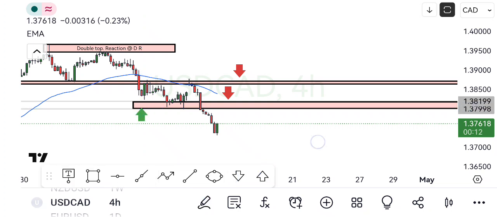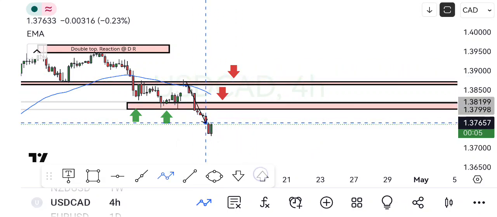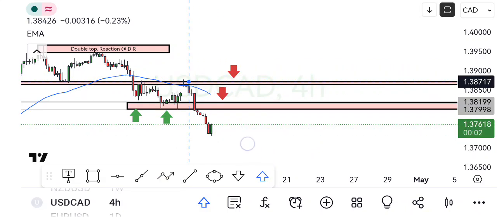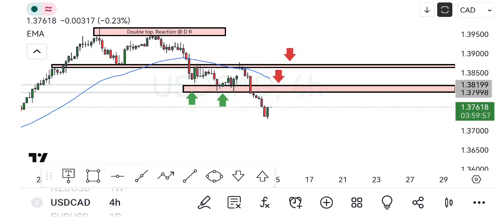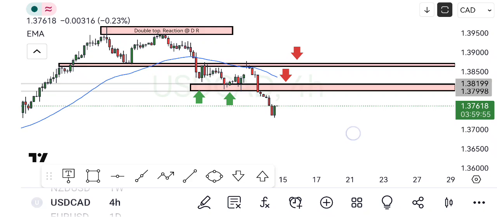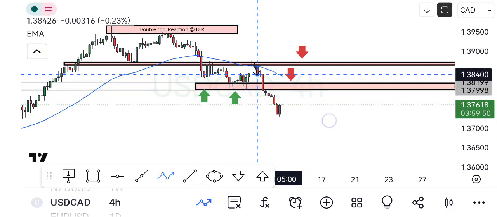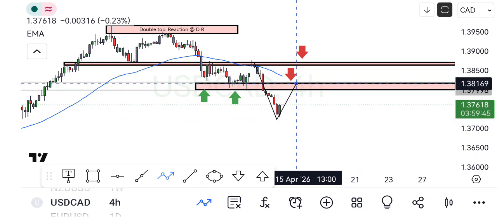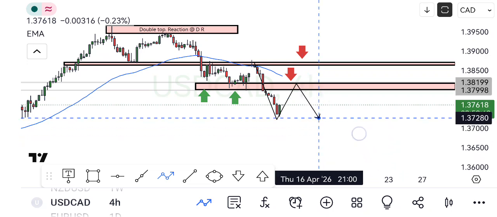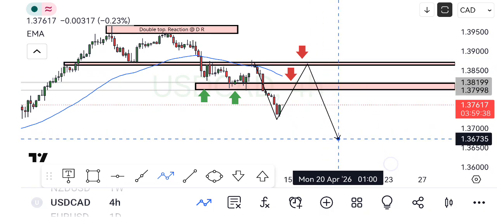It was support again right here. It broke down. It might come to act as resistance for us to sell right here, or resistance might again become resistance so we can sell. Remember, nothing is guaranteed here.